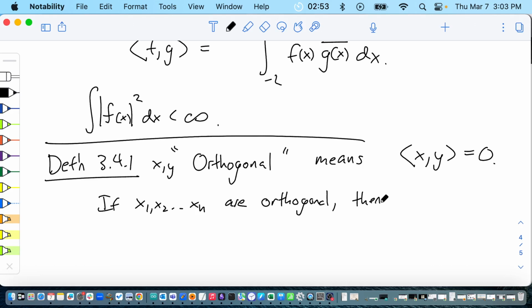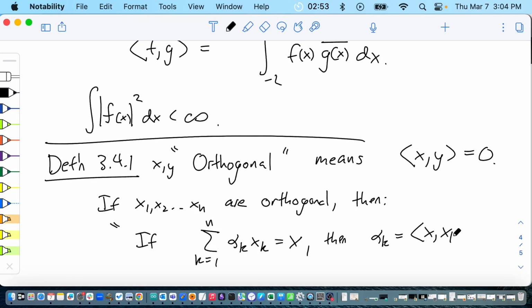Then, if the sum of alpha k times xk, k equals 1 to n, equals x, then alpha k equals the inner product of x with xk. Okay, and I guess xk with x.